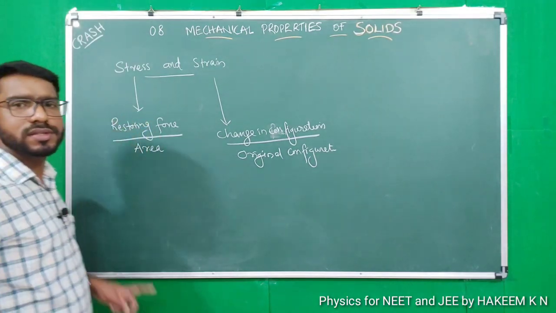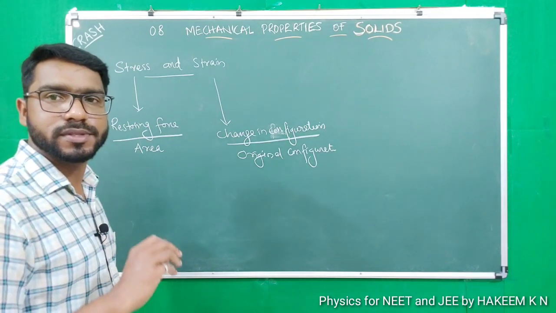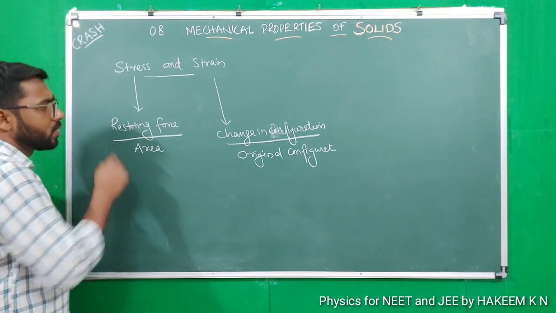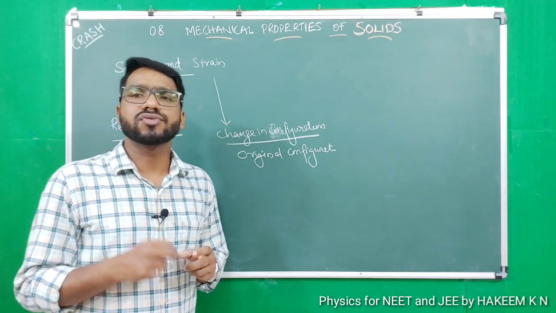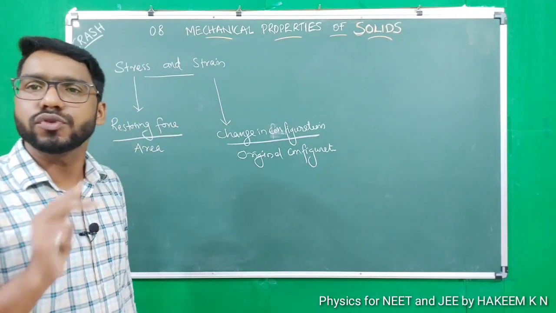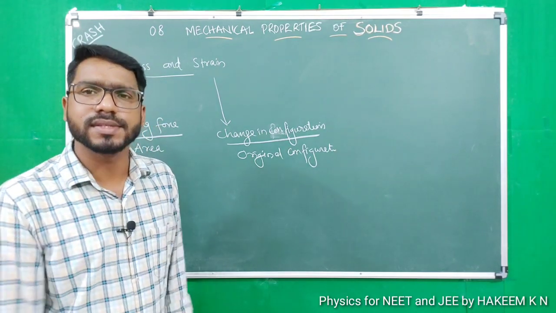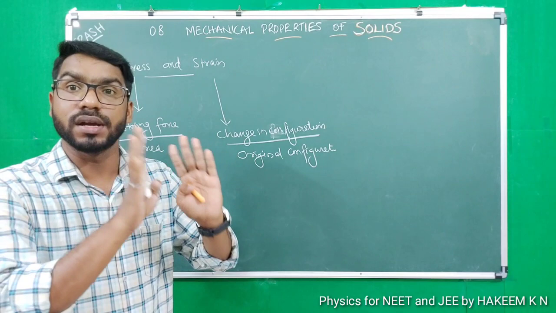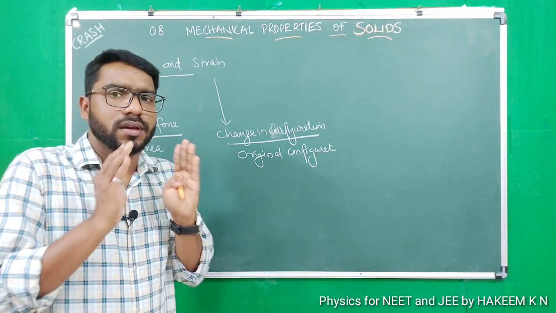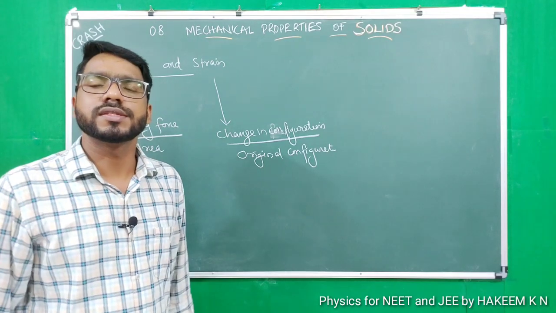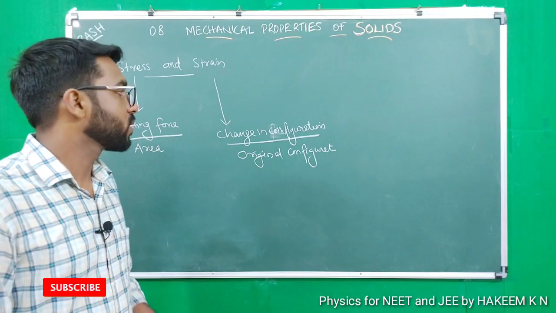Okay. Strain is of 3 types and stress also 3 types. Stress which changes length is called longitudinal stress or linear stress, force by area. Stress which changes the volume is called volume stress or bulk stress, and stress which changes shape of the body is called tangential stress or shear stress.